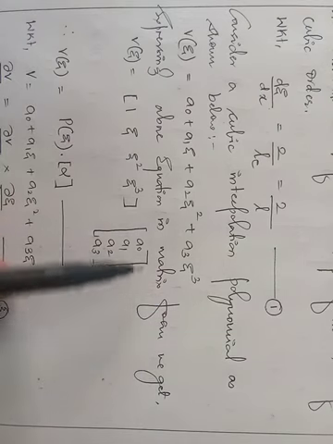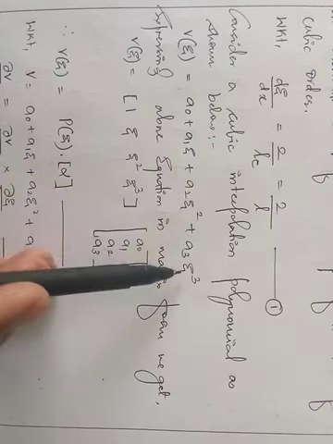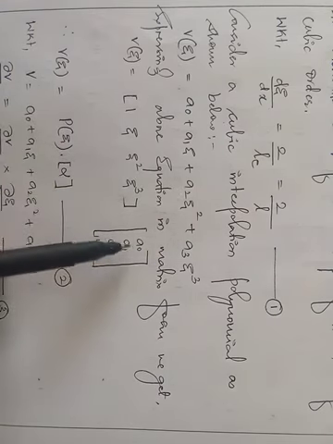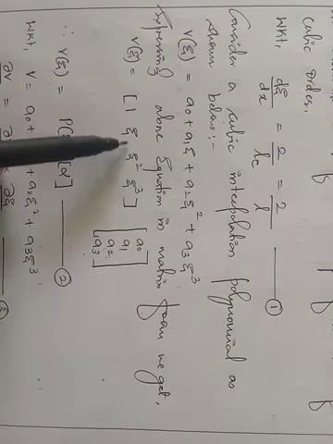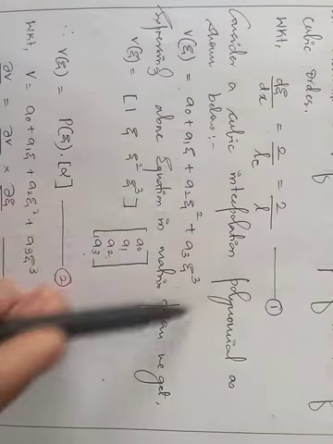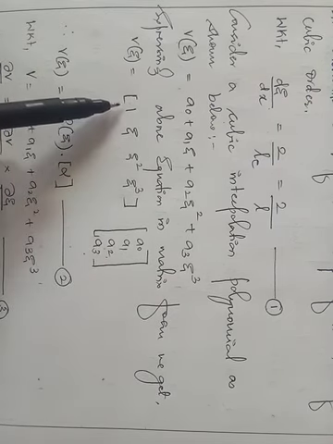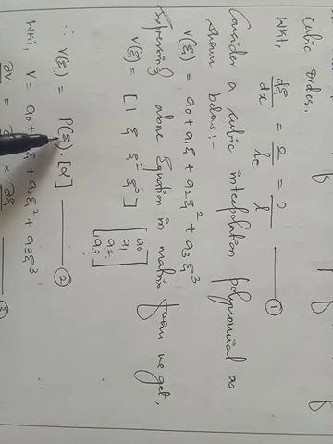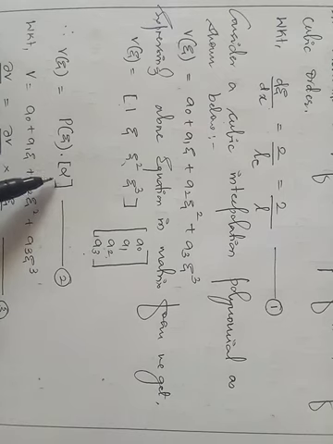Expressing the above equation in matrix form, we get 1, zeta, zeta square, zeta cube, and a0, a1, a2, a3, such that if you multiply these two matrices, you get this equation. Therefore v of zeta is equal to P of zeta into alpha, where this is the P matrix and this is the alpha matrix.